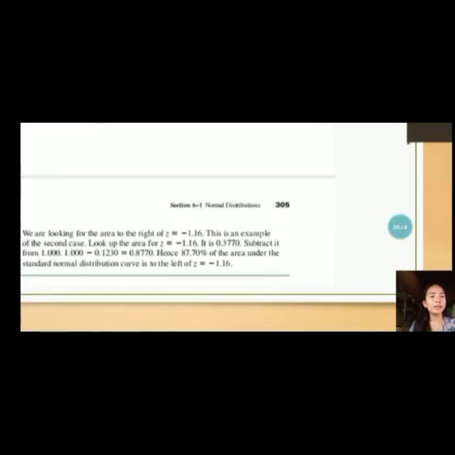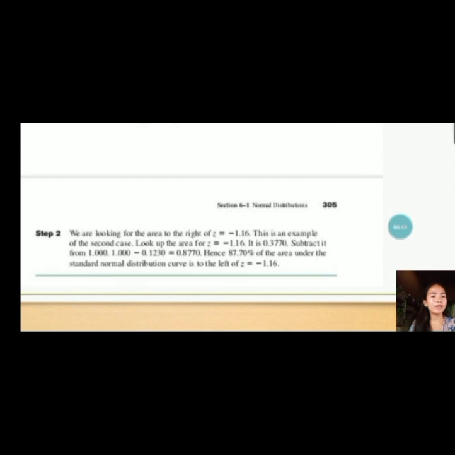Ang 0.3770 is gi-divide into 2. 0.3 ang left side, and then 0.03 ang top. Same as that. So, nakuha ang 0.3770.